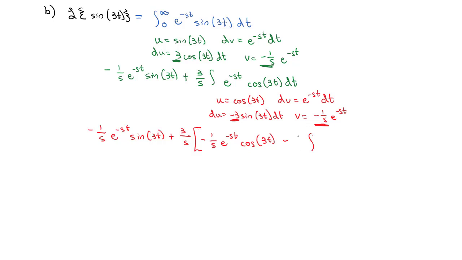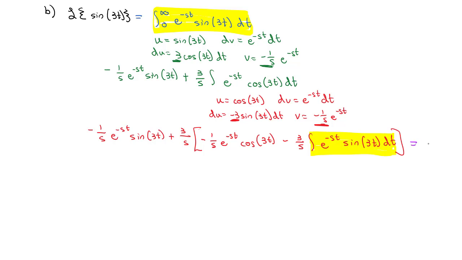Negative times a negative is a positive: 3 over s times e to the negative st times the sine of 3t dt. And what I want to notice is this integral I ended up with is in fact exactly the original integral we were trying to solve for.